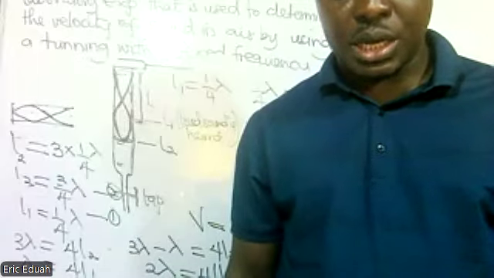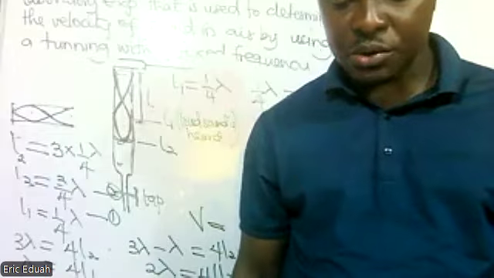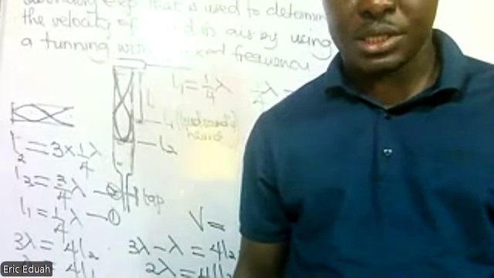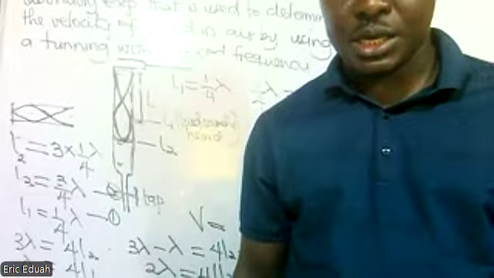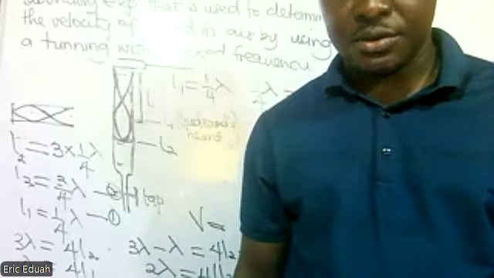So in a resonance tube experiment to determine the speed of sound in air, a tuning fork of frequency 240 Hz is sounded above the end of the tube.